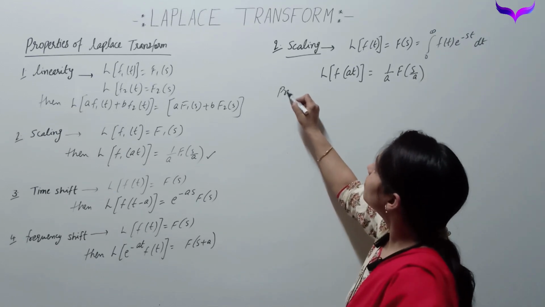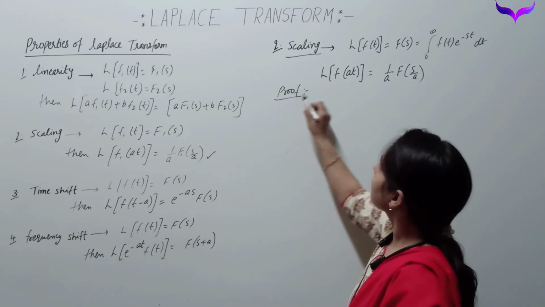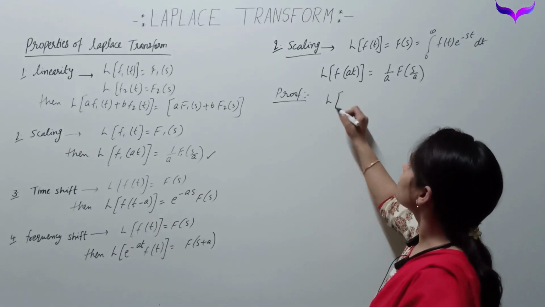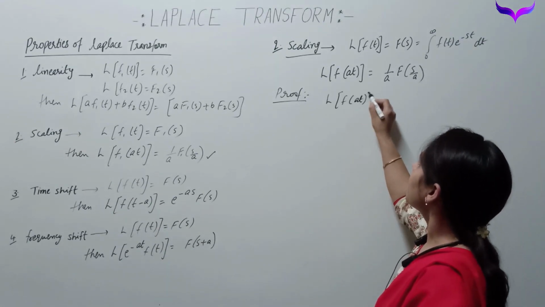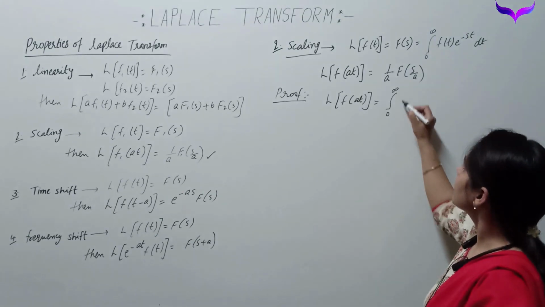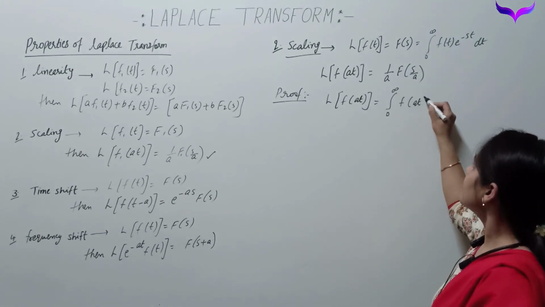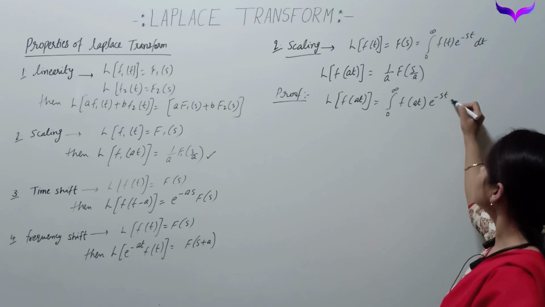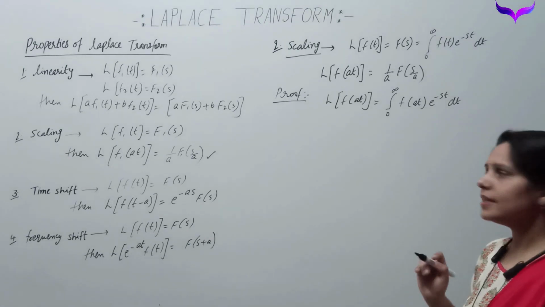Let's do its proof. Laplace transform of f(at), by definition, we can write as integral from 0 to infinity f(at) e raised to power minus st into dt.